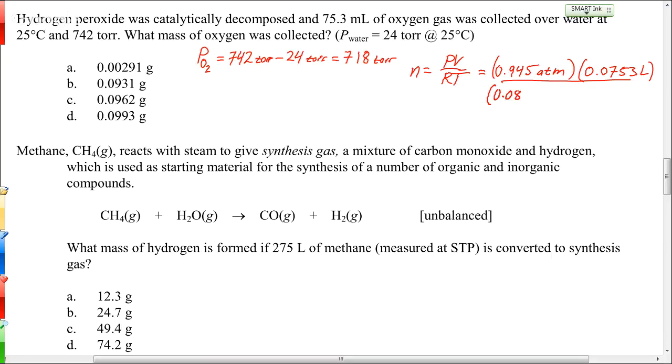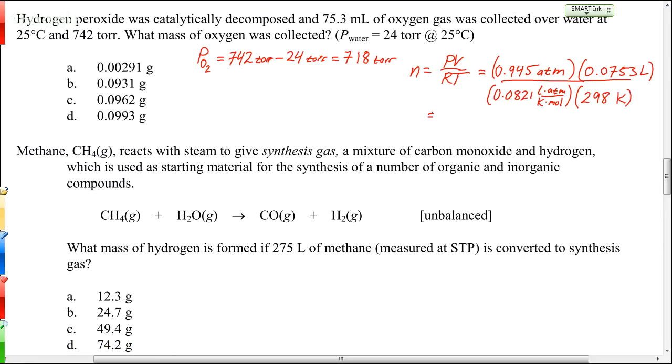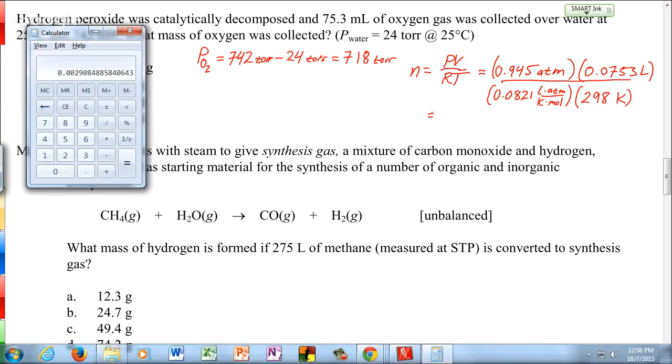Now we've got our R, and our temperature, which we also have to convert. All right, so 0.945 times 0.0753.